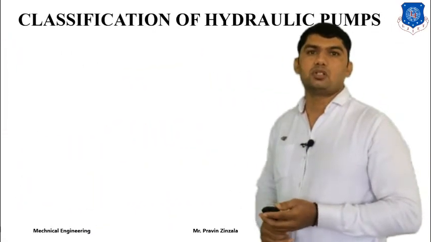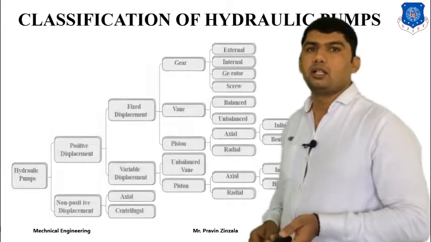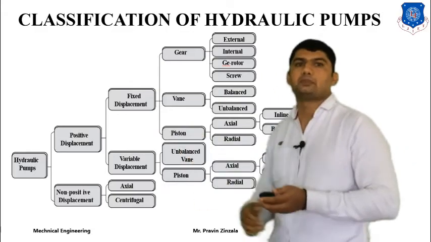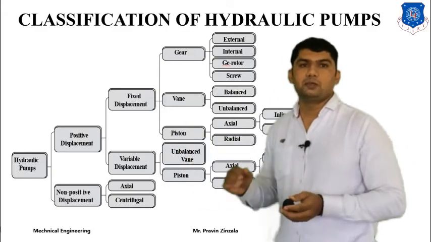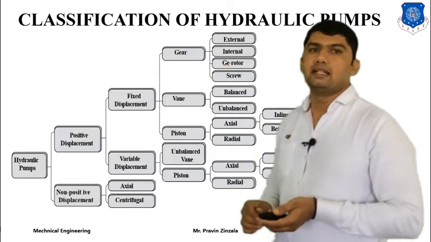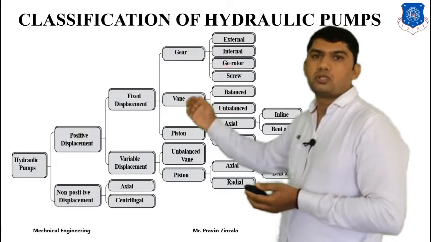Now we will discuss the classifications of hydraulic pump. Hydraulic pumps are generally of two types: positive displacement and non-positive displacement pump. Positive displacement pump means if the output pressure is increased, the flow rate remains constant. So it's called positive displacement.